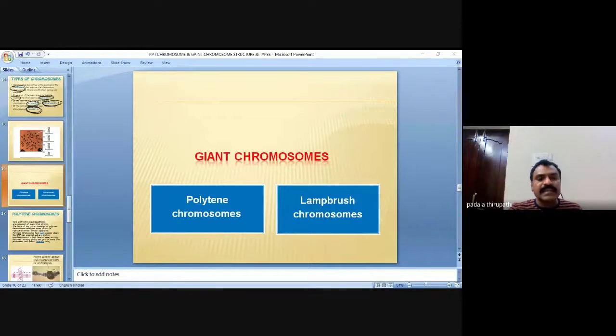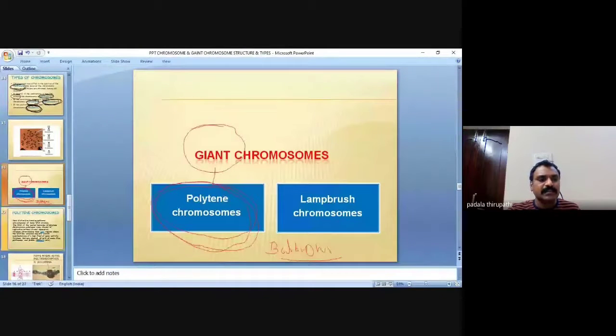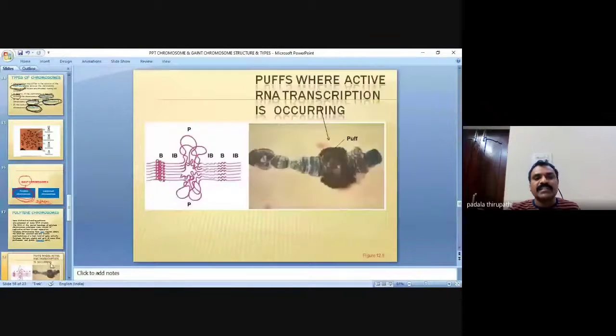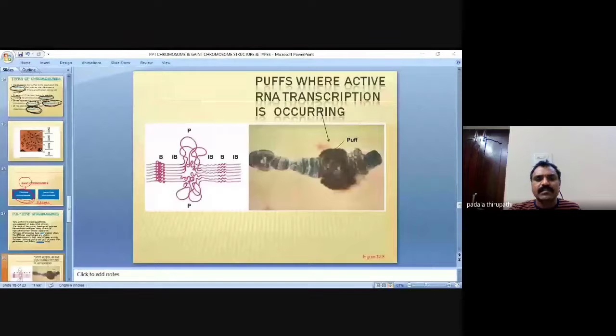In these polytene chromosomes, I will show the structure. Next slide. Okay. I hope you can observe the polytene chromosome structure in this slide. These are the polytene chromosome bands. We observe a number of bands inside the nuclear region. IB is interbands, these are the bands, and this is the puff.